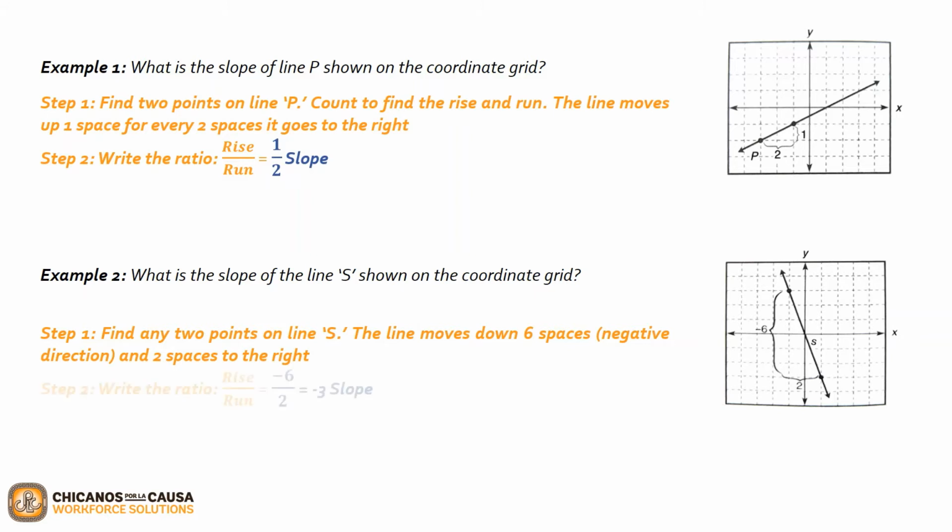So if we write this in a ratio format, this gives us rise over run, which is -6 over 2, which equals -3. Now, a slope doesn't necessarily have to be written in a ratio format because -3 is still an answer. So that is our slope.